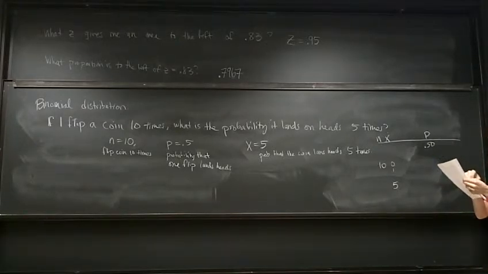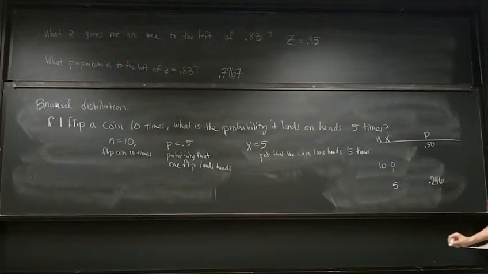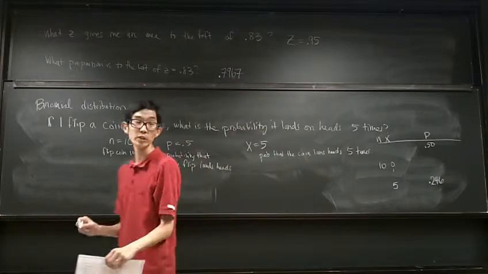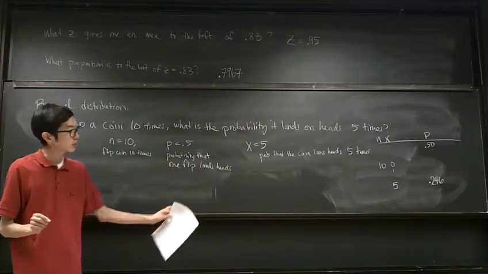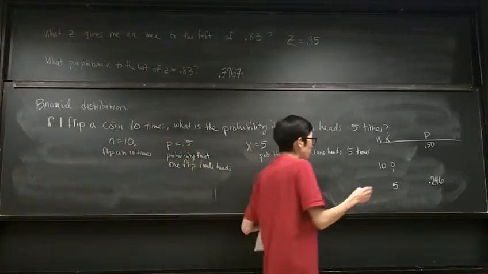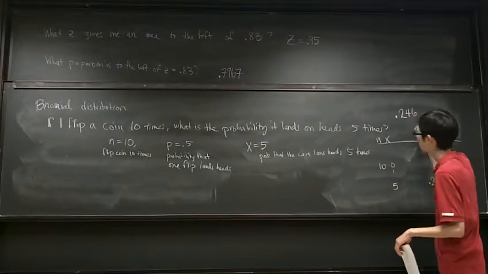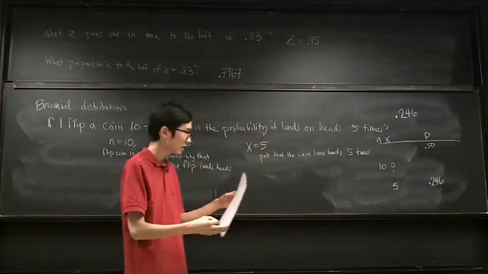And what is the number there? 0.246. Okay? So if I flip a coin 10 times, what's the probability that it lands on heads 5 times? 0.246. About a fourth of the time. About 25%. The answer here is 0.246. Okay? Is that good? All right.